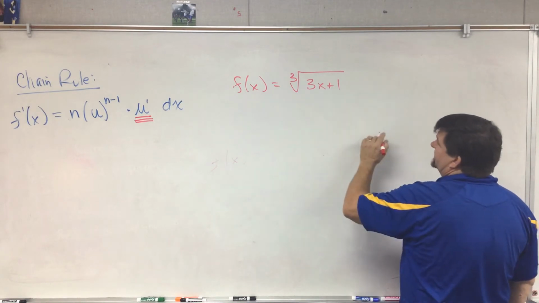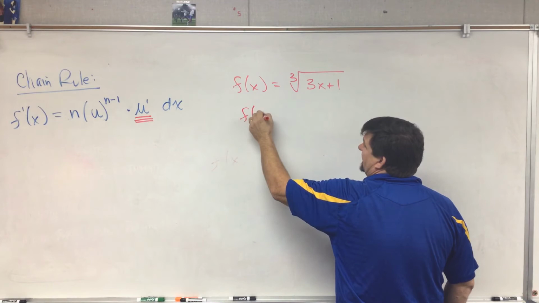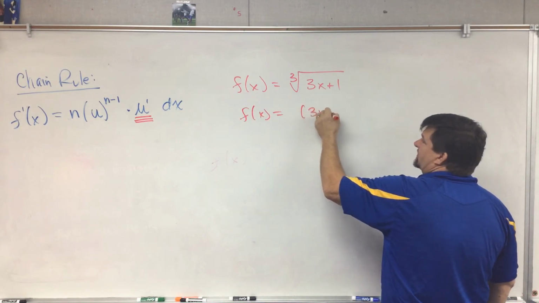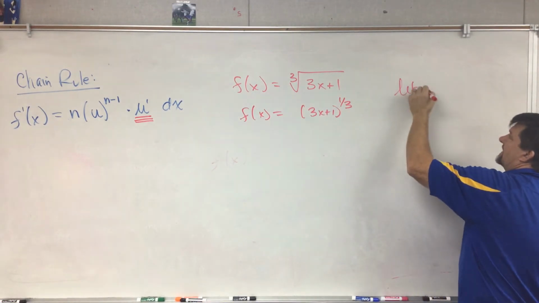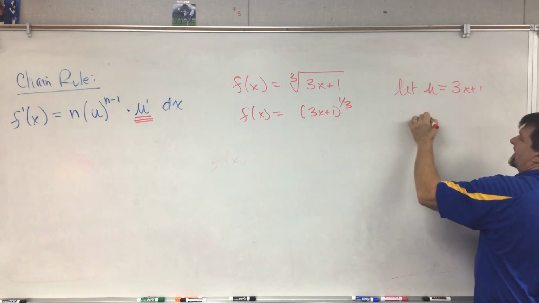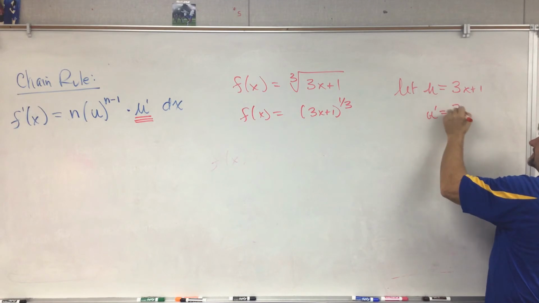To do that, we're going to rearrange this and say it equals 3x plus 1 to the 1/3. I'm going to let u equal 3x plus 1. That means u prime is equal to 3.